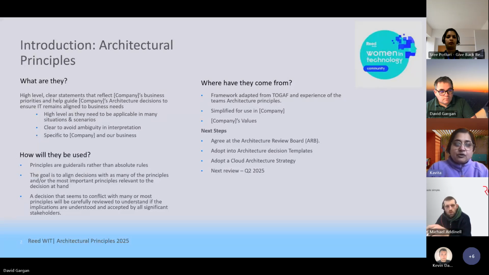A decision that seems to conflict with many or most principles will be carefully reviewed to understand if the implications are understood and accepted by all significant stakeholders. So they do need to be revisited sometimes, because business priorities change and the technology changes.